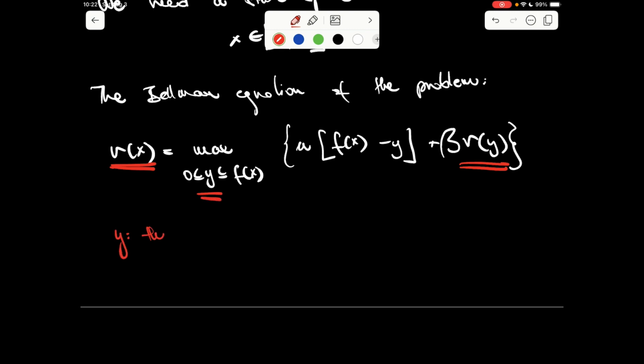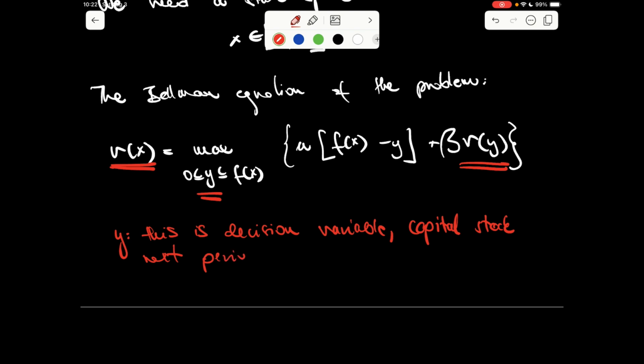This is the decision variable. Capital stock next period. This is no surprise.